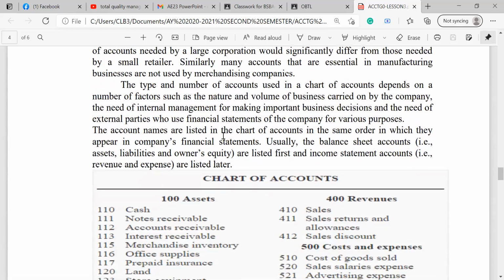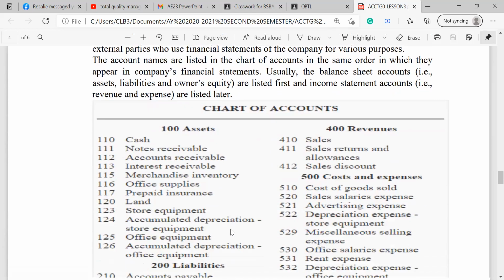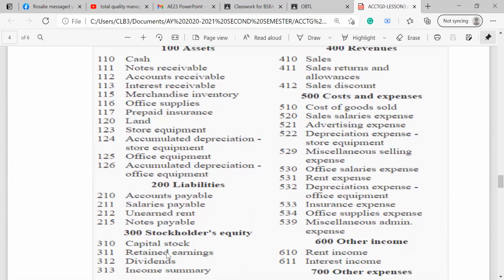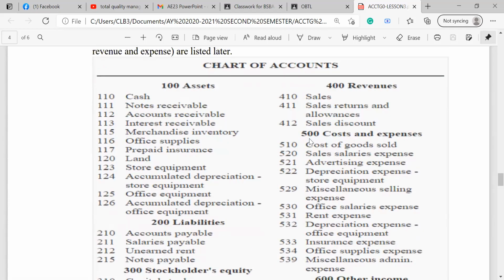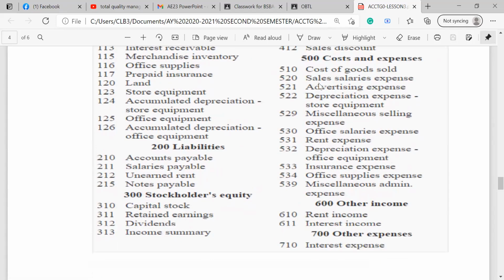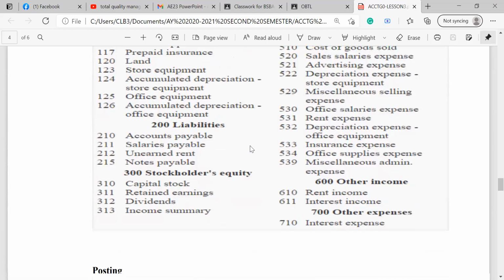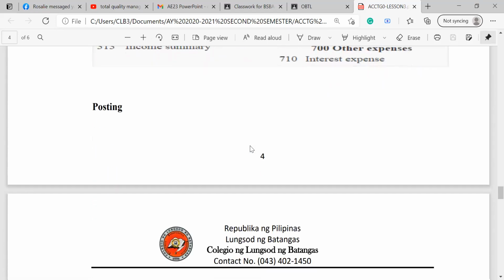So, dito lang po, pakita na lang natin yung sample ng chart of accounts natin. So, yun, usually, assets talaga yung nauuna. Starts with 100 or 1, and then followed by liabilities, followed by the shareholders' equity or the owner's equity, followed by the revenues, expenses, yan. So, yan po. Ito yung mga sample ng accounts natin. Okay?